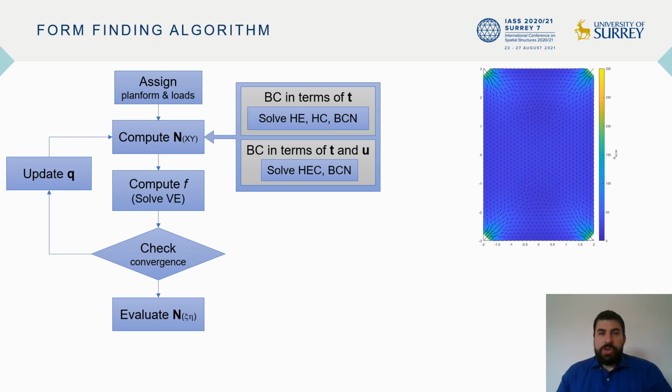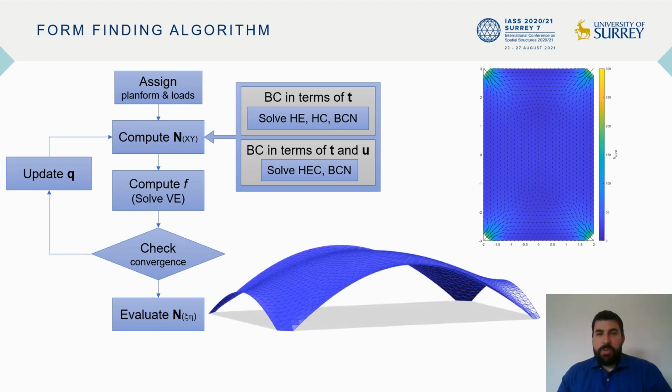The computed values of membrane forces are used in the vertical equilibrium equation to determine the shell heights. Once the shell height is determined, it is possible to update the projected load values and eventually iterate the sequence of operations until convergence. Finally, contravariant membrane forces can be computed on the shell mid-surface.